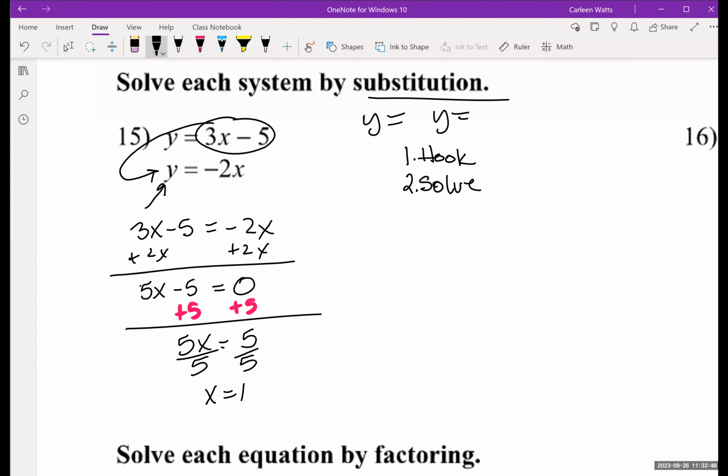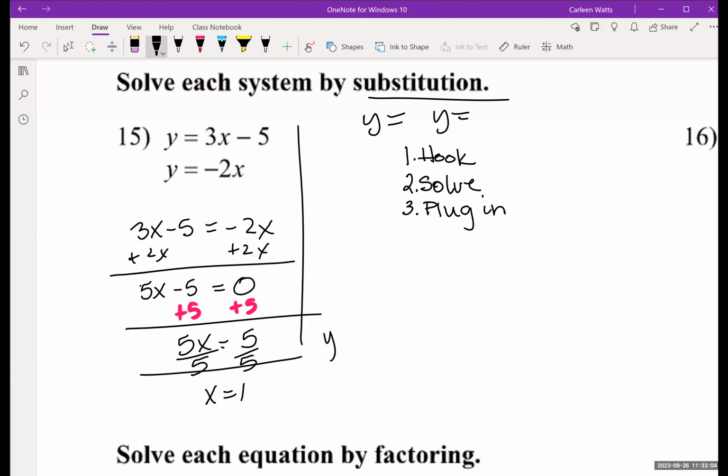Hook them together, solve, plug in. Let's plug it into the top one. Y equals 3 times 1 minus 5. Y equals 3 minus 5. Y equals -2.